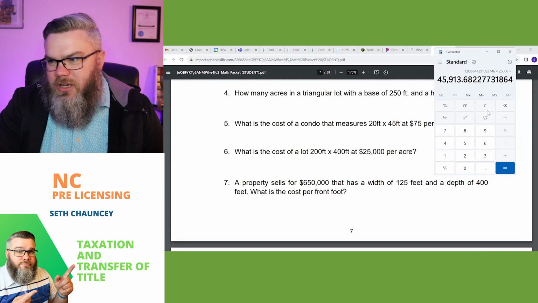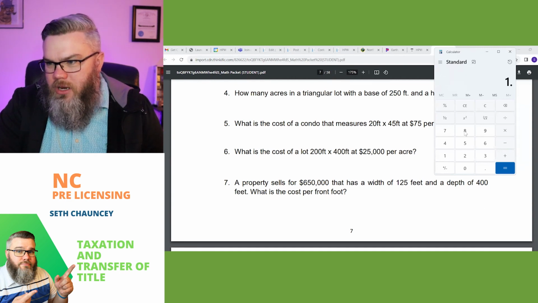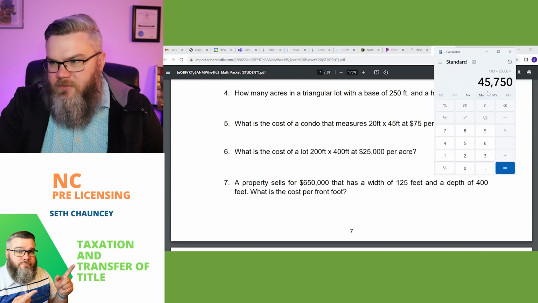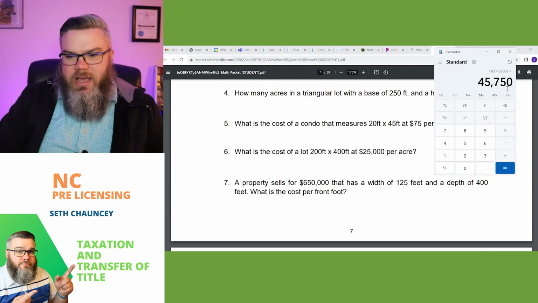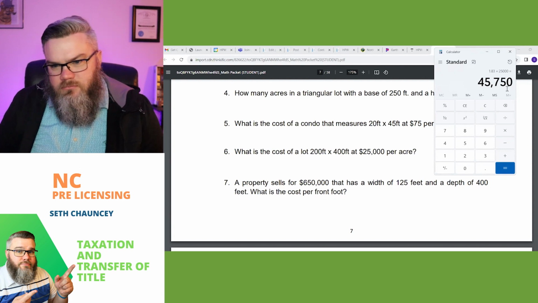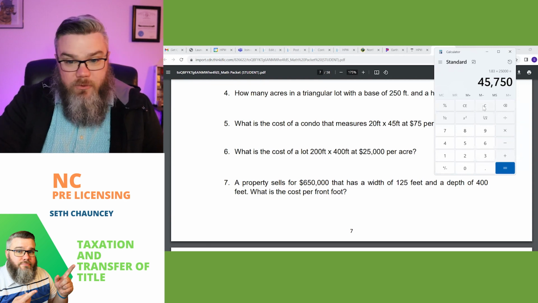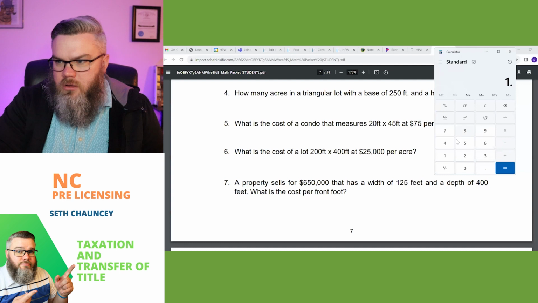Because even if I just did the rounded, 1.83 times 25,000, that's 45,750. Your iPhone is just rounding to the nearest thousand. No, because he did 1.84 acres times 25,000. Oh, he just did 1.84? Yep. There you go.